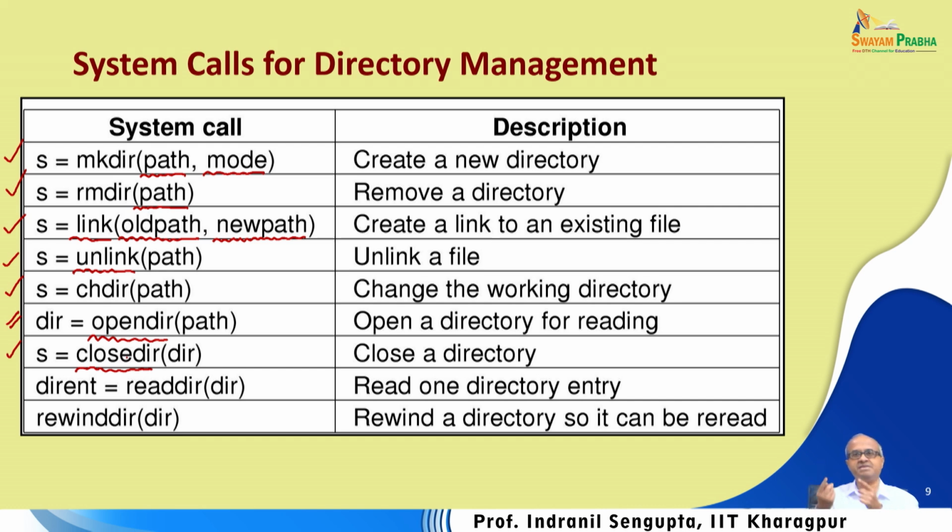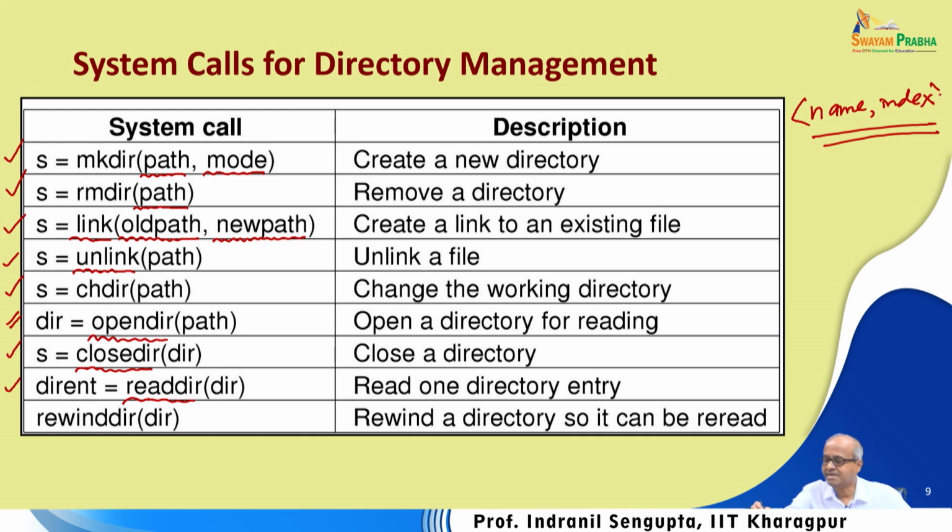Similarly, for reading the entries in a directory, there is also a function called readdir. Typically, every entry in the directory in Linux consists of two things. One is some name, another is a value, this we will talk about a little later, some kind of an index. There are two things that are stored in the directory. This index actually specifies the value of something called an inode, index node, where all the details about the file are stored.